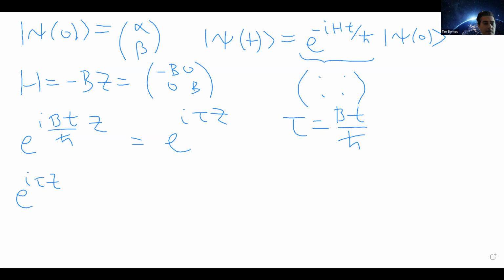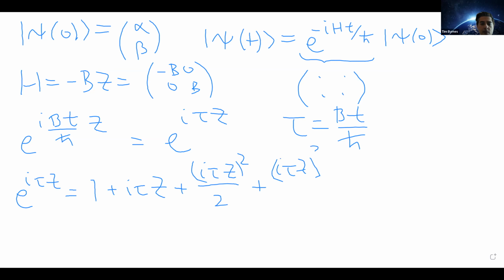So this is e to the i tau Z. As I said before, 1 plus i tau Z plus (i tau Z) squared over 2, plus (i tau Z) cubed over 3 factorial.